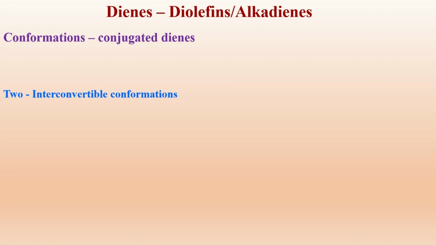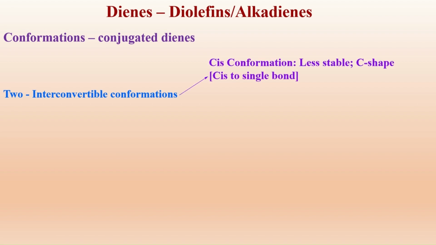The two interconvertible conformations are the cis conformers, or cis conformation. It is cis about the single bond. Here you see the two double bonds in butadiene are on the same side.